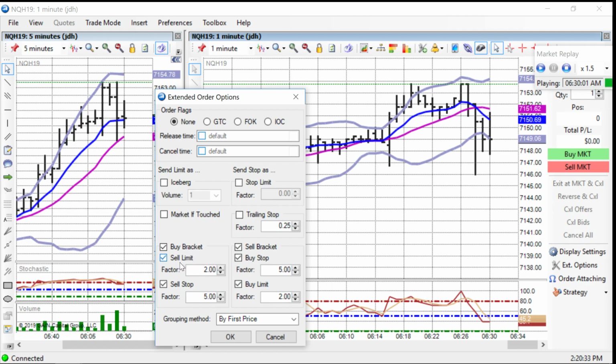So I've set the sell limit orders on the buy bracket and the sell bracket. The sell limit orders, which are the targets, are set to 2 points for this low volatility market. As usual, and some may disagree with how far I've set the stop loss, I'll set it to 5 points just because that gives me room if the trade comes against me.